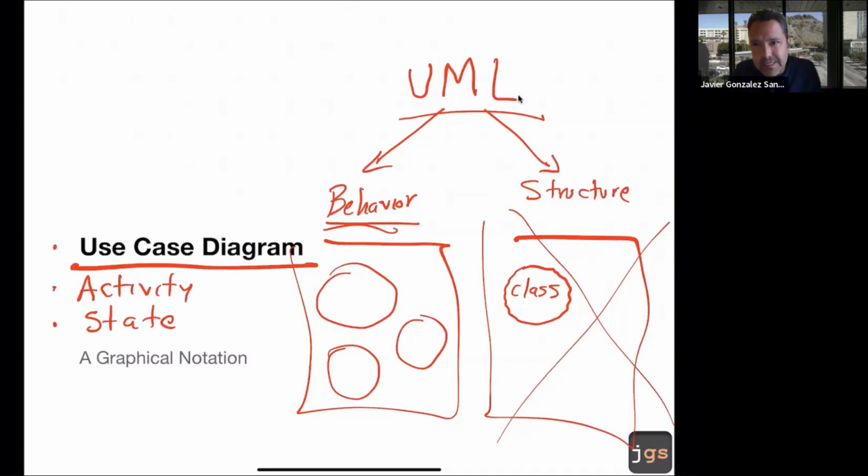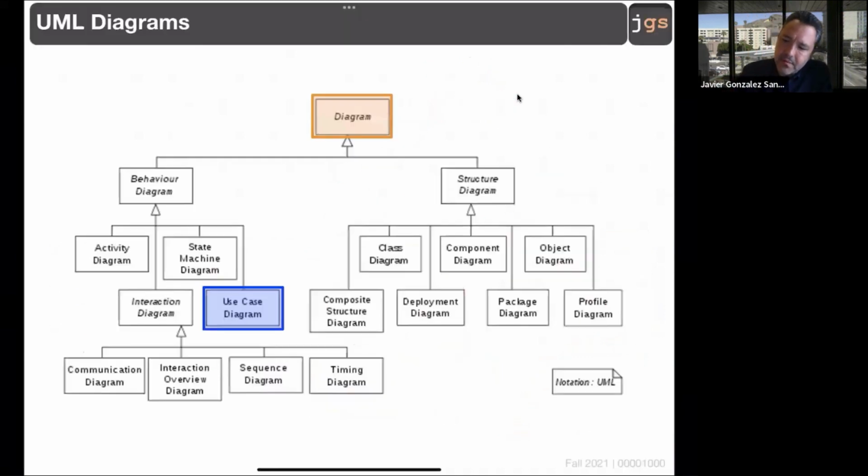There are more, but those three can solve our problem about defining what the system is going to do, the behavior of the system. Use case diagrams, activity diagrams, state diagrams. My goal for you to be experts in these three in the following weeks, we can help. Good? Now, let's start with the use case diagram.